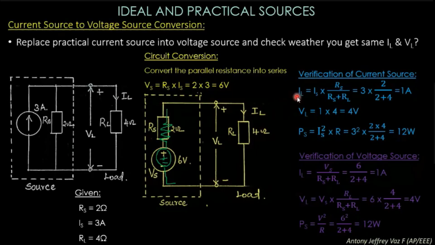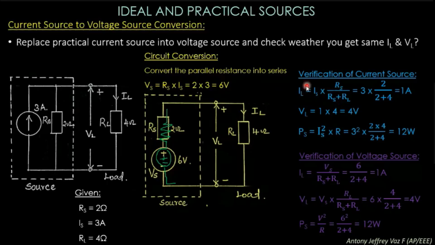So the load current IL will be equal to the source current IS into Rs divided by Rs plus RL. That is, the load current will be equal to source current into source resistance divided by source resistance plus load resistance.